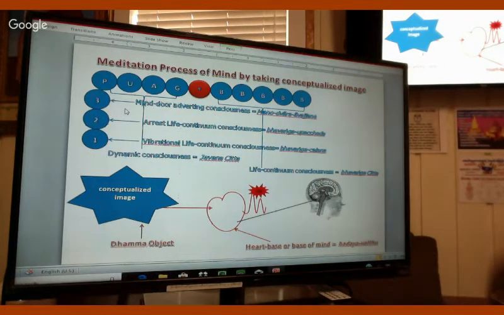The last Arupa jhana is too subtle, so it cannot be practiced as Chittanupassana. The first 3 are possible. I think they are very powerful to practice, if somebody has the strength of mind. But here I explain it is not only that way. This is only Arupa jhana.